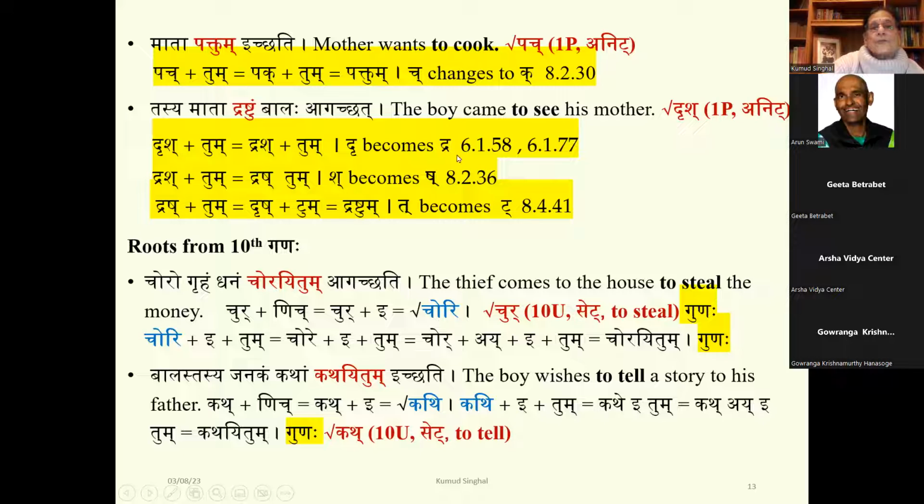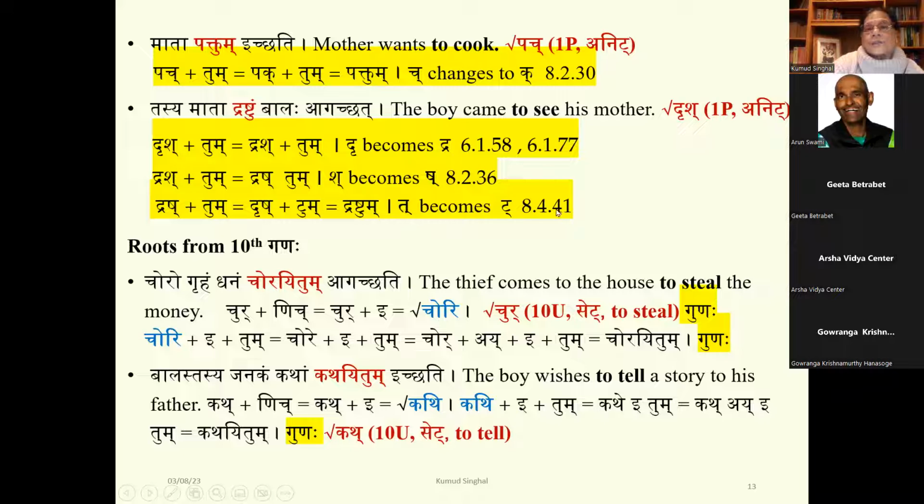Then now you take this form. So you have drash plus tum. Then the sha becomes a sha here. And again, by this rule, you have drash plus tum. There should be a plus here. And this sha becomes a sha, and the ta becomes a ta.